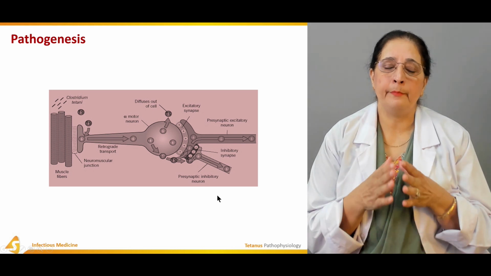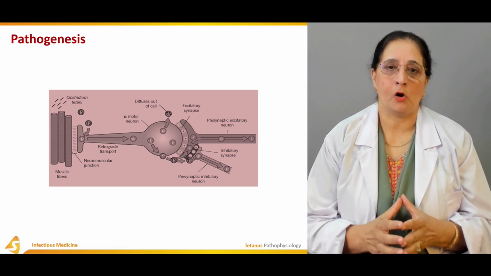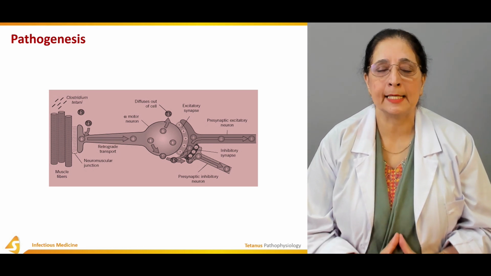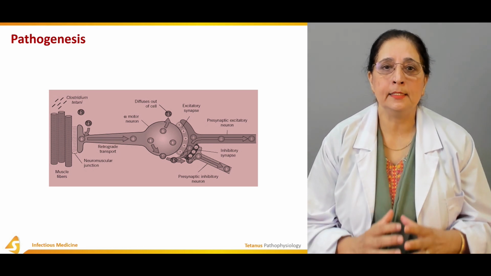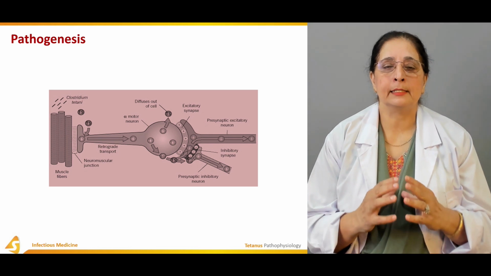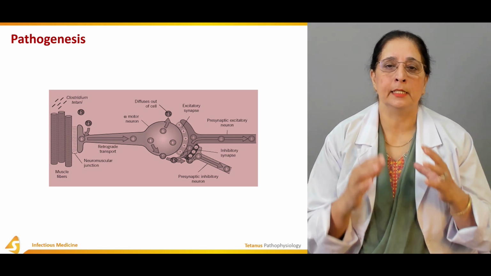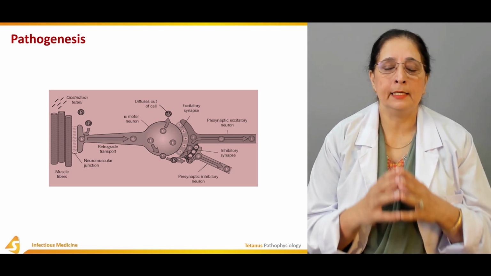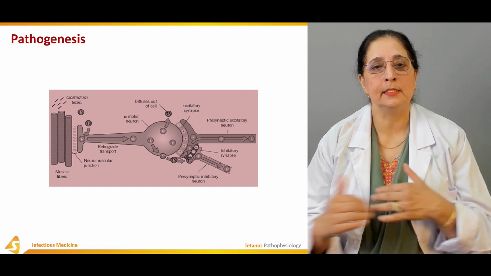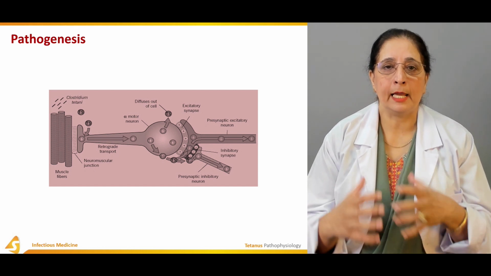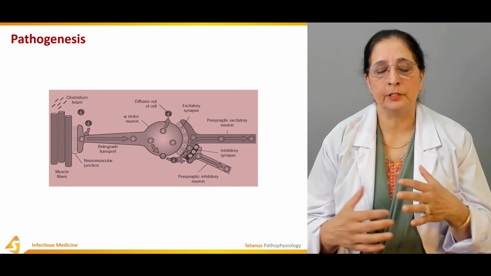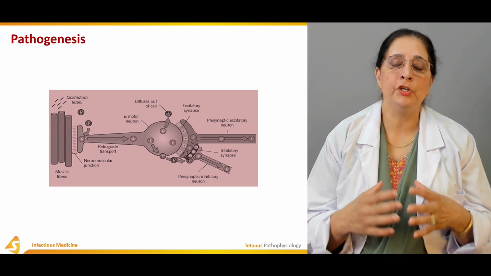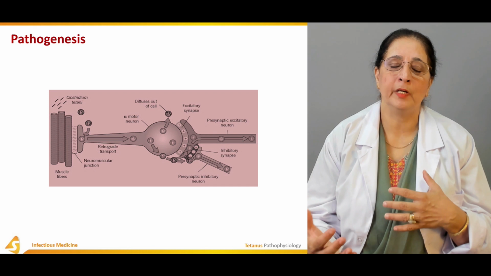So as I mentioned, the neurotoxin, which is produced by the Clostridium tetani, enters the nervous system and attacks the skeletal muscles. It goes to the neuromuscular junction, and in the synapse it travels and attacks the excitatory synapse, the presynaptic inhibitory neuron, and the excitatory neuron.